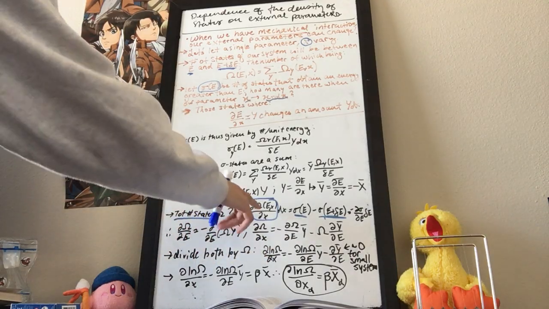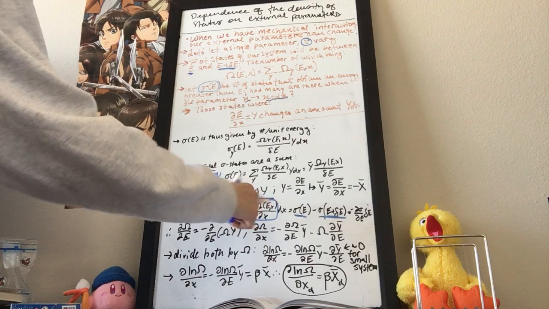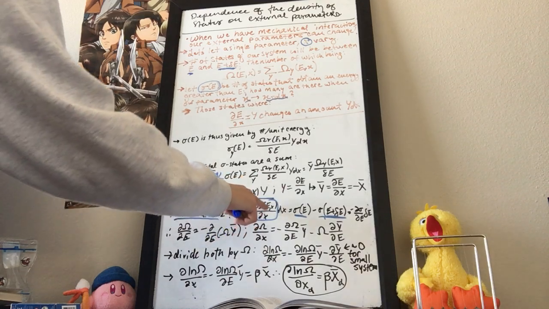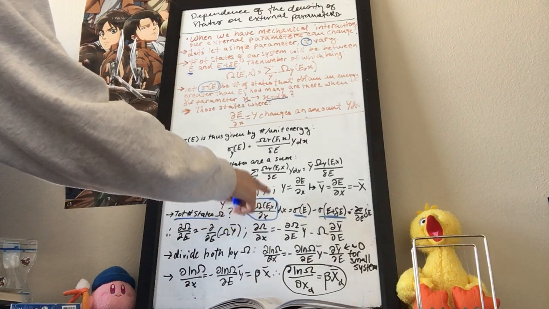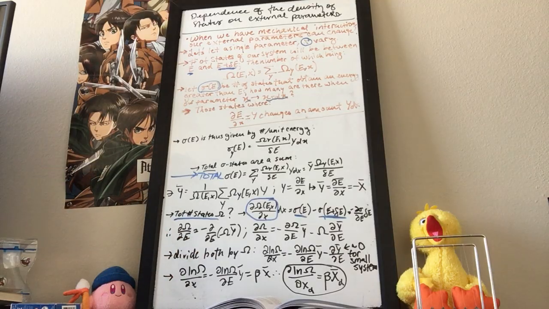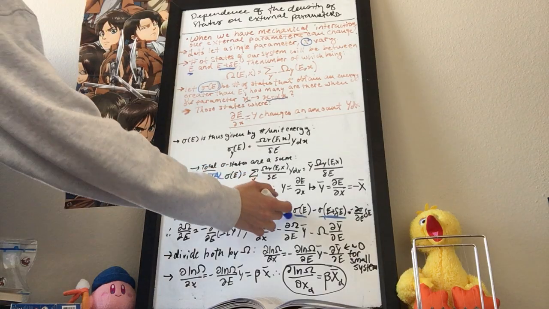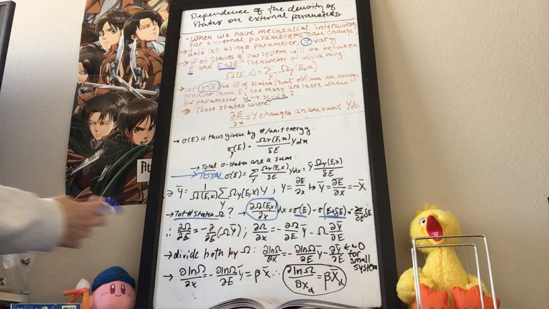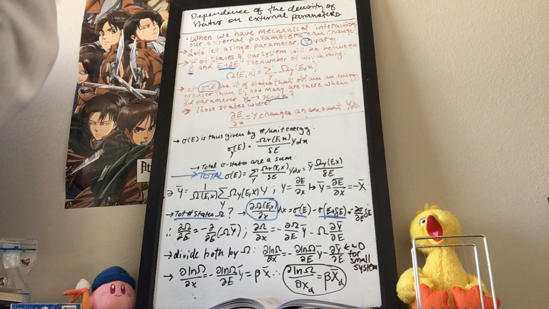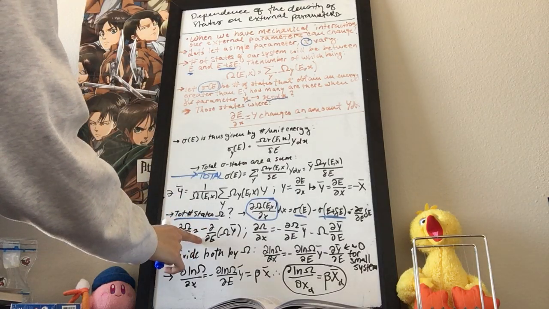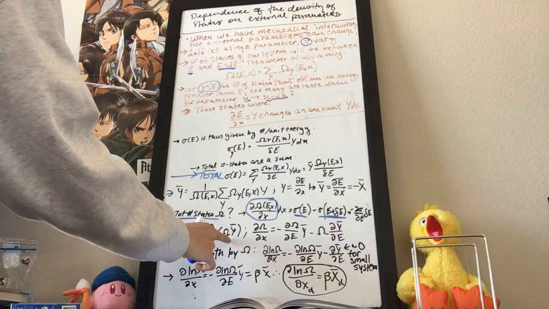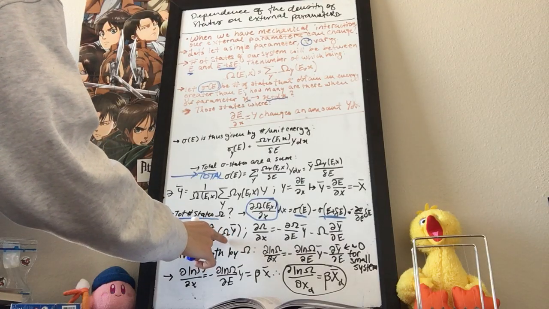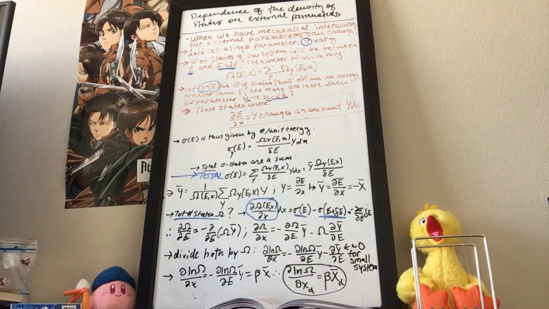Because it's a multivariable function, we can also take this partial derivative with respect to E. So we actually have to go out and do that now to see what these terms evaluate to in order to assess our statement here.